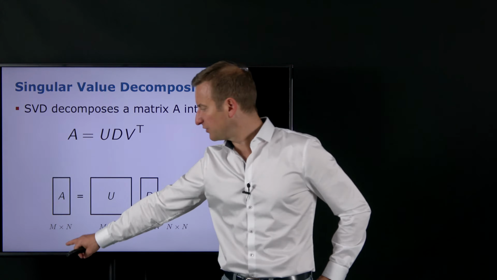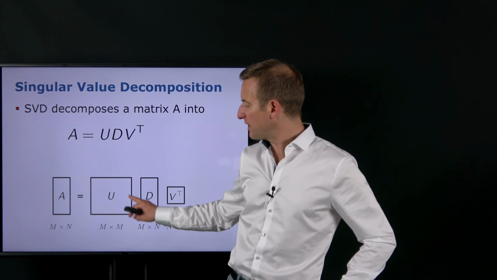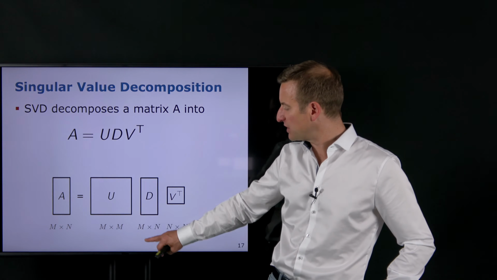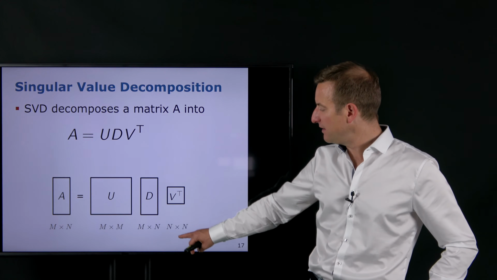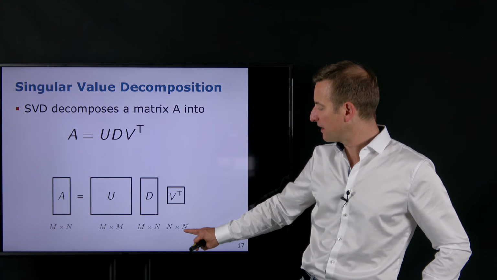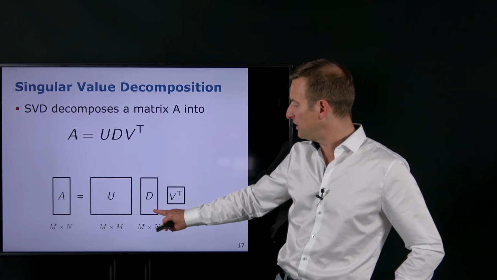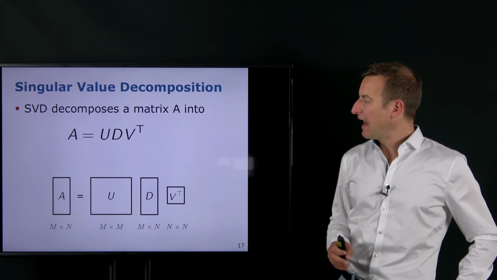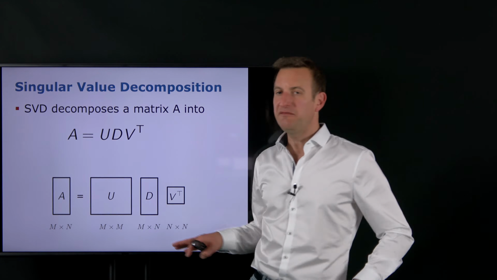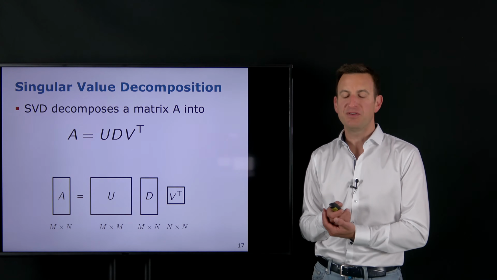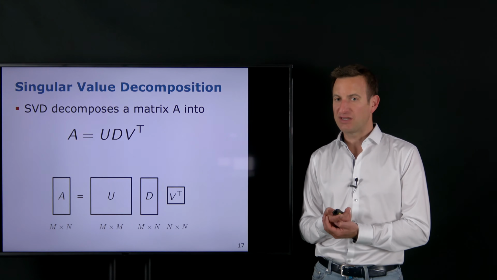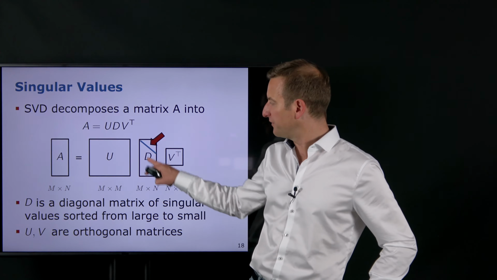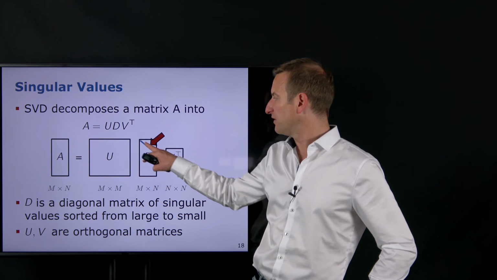My matrix A is an m times n matrix, and can be written as a matrix U of dimension m times m, a matrix D of dimension m times n, and a matrix V of dimension n times n, so that U times D times V transposed gives me my original matrix A. Those matrices U, D, and V have special properties that we can actually exploit. This matrix D, for example, contains only zeros except for this diagonal here.